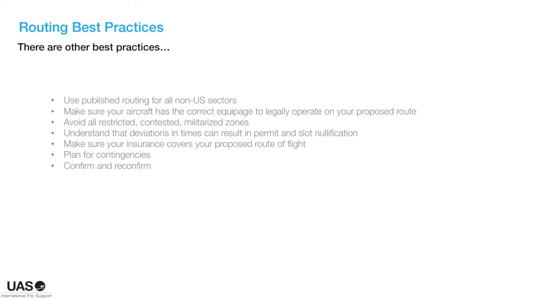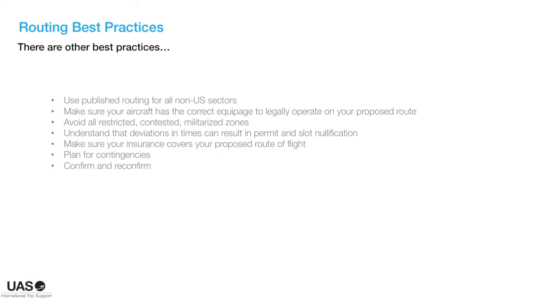And just to close out our discussion on best practices for routing, use published routing for all non-US sectors. Make sure your aircraft has the correct equipage to fly legally on your proposed route. Avoid all restricted, contested, and militarized zones. Understand that deviations in times can result in permit and slot nullification.